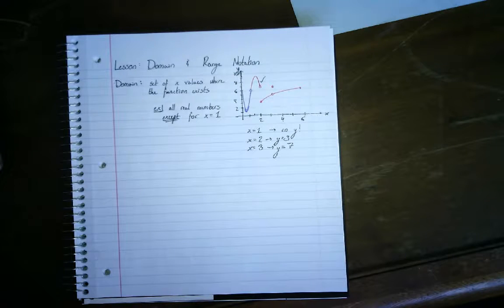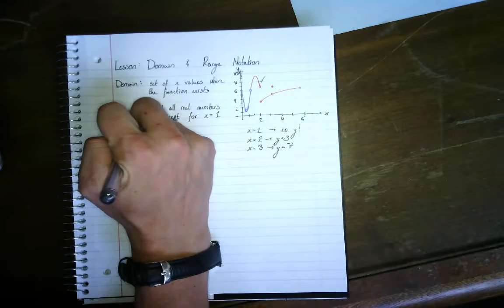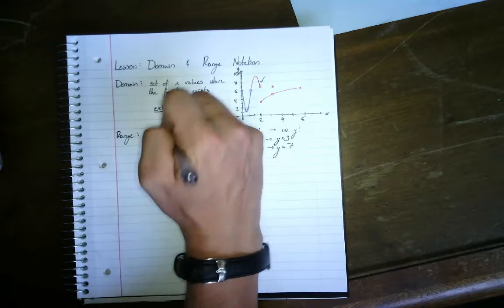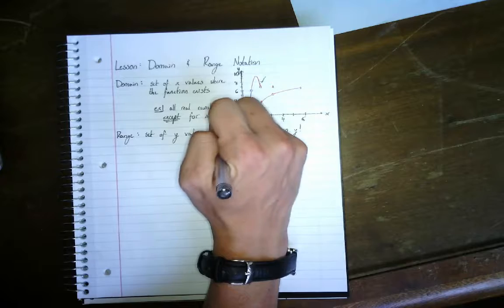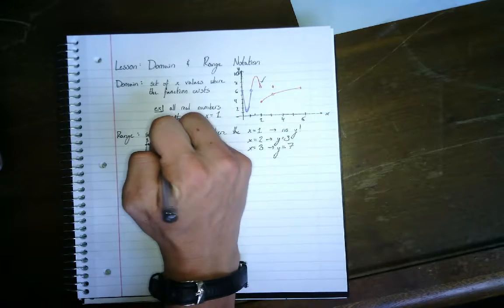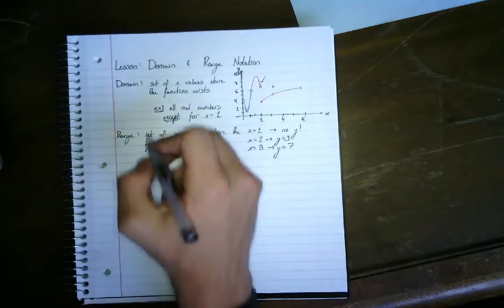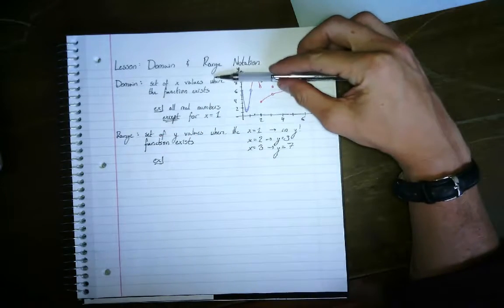So now our range, on the other hand, is the set of y values where the function exists. So in this example, if we look in here, we have y values for every single x value.